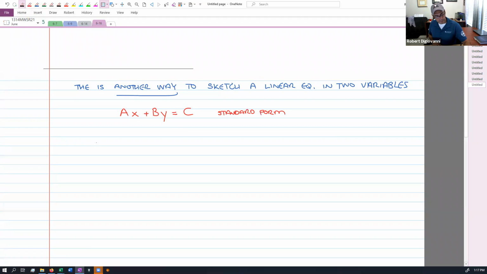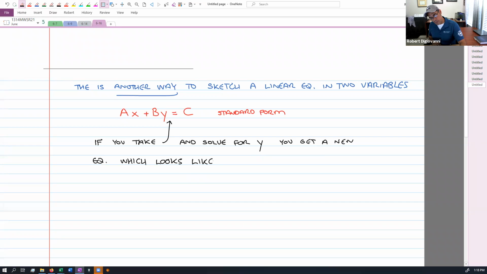Now, if you take the standard form and solve for y, you get a new equation which looks like this. y equals mx plus b.